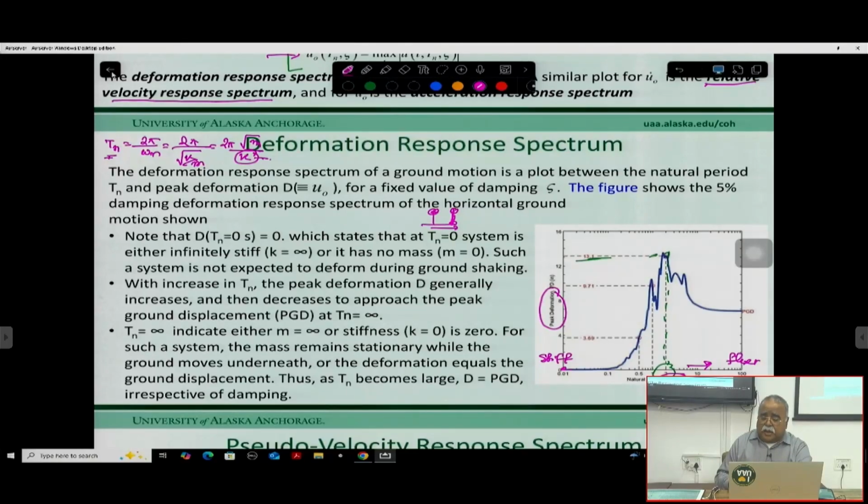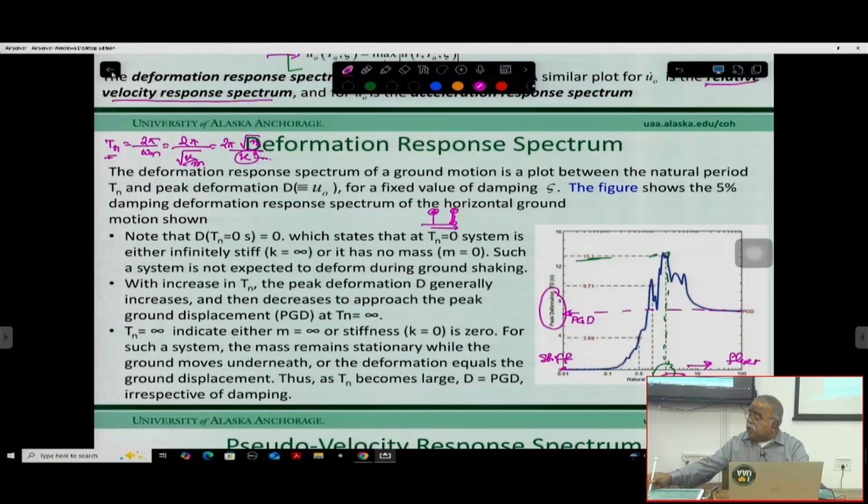So if Tn becomes large, then this D value, whatever the D value is, is actually equal to the peak ground displacement, PGD. That means the peak deformation response will be 0 for T basically 0.